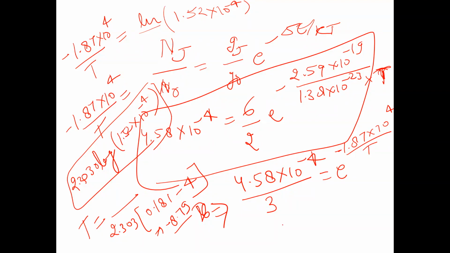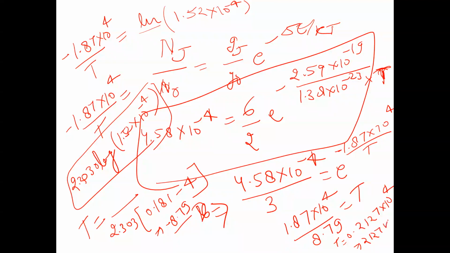So you will get 1.87 into 10 raised to power 4 divided by 8.79 equal to T, right? That will be 0.2127 into 10 raised to 4, or you can write 2127 Kelvin, right?